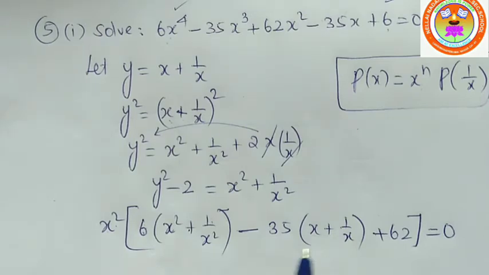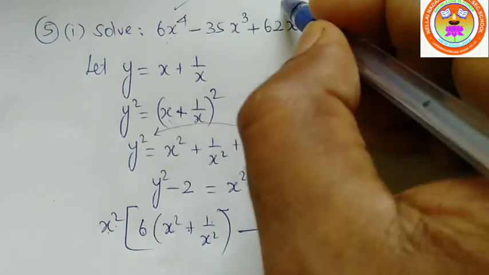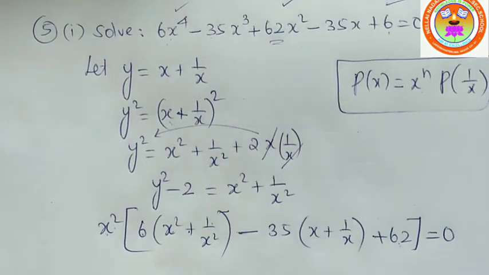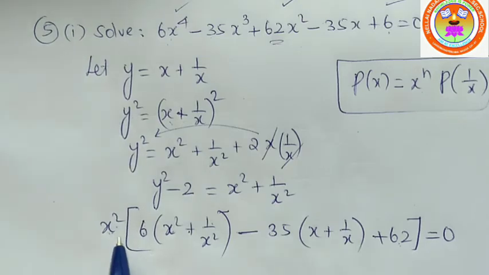Similarly, this x square is common for these three terms, right? When we multiply x square to the middle term, we get 62x square. Then, x square into 35x, so 35x cube, yes, we have.